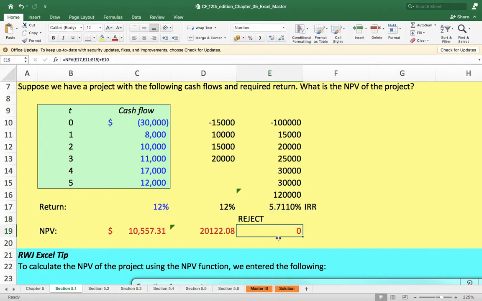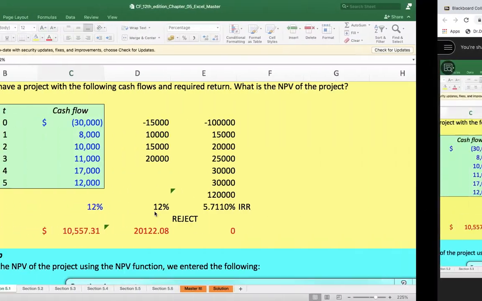Enter. See, automatically it will give you reject. For example, you make it 4%, accept. Why? Because your IRR is 5.7, which is greater than the required rate of return, 4%, therefore accept. If it is 12%, reject, because the required rate of return is more than IRR. IRR is less than required return, so you reject the project.